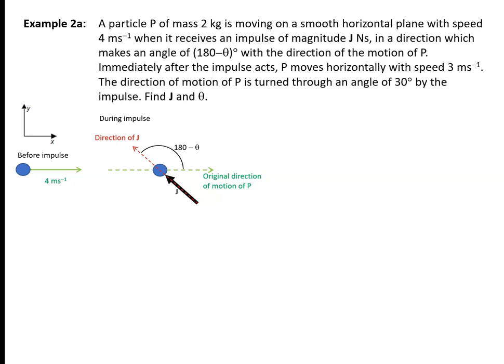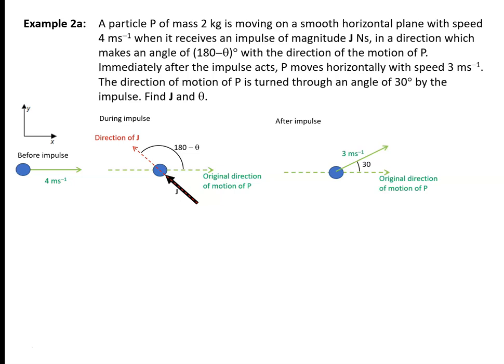Now, we're told that the particle receives an impulse of magnitude J Newton seconds in a direction which makes an angle of 180 minus theta degrees with the direction of P. And immediately after the impulse acts, P is moving still horizontally but with speed 3 meters per second and has been turned through 30 degrees by the impulse. And we've got to find the values of J and theta.